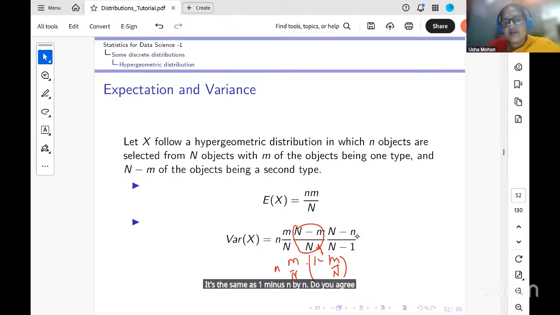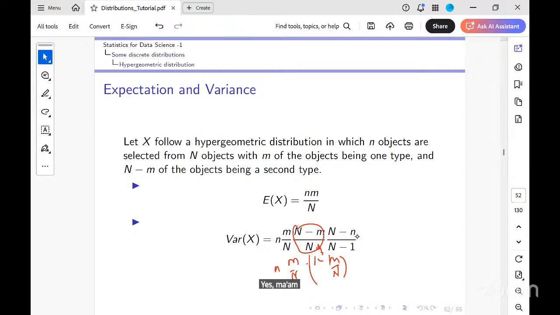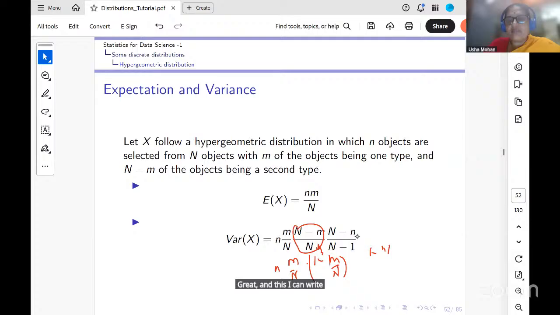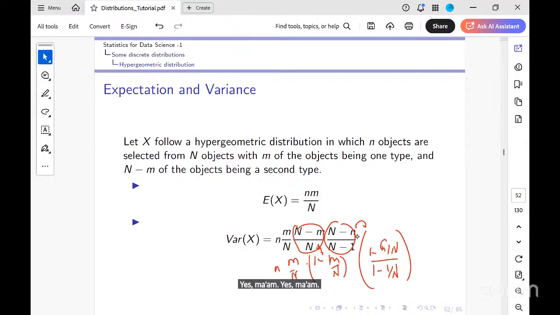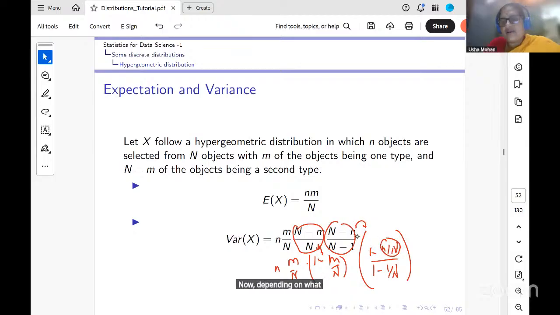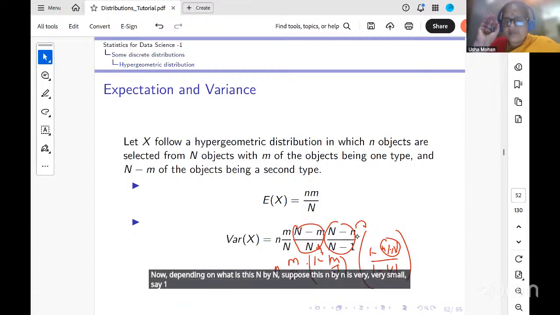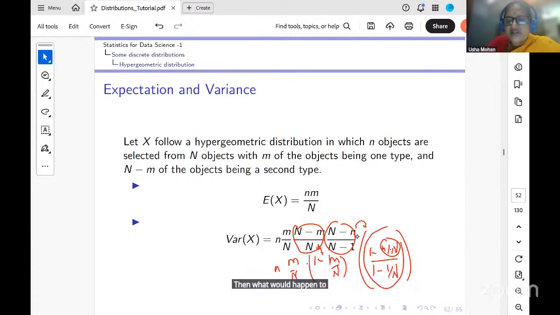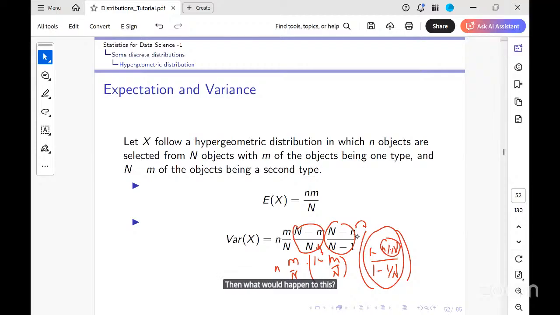And this I can write as 1 by N divided by 1 by N, this portion. Now, depending on what this n by N is, suppose it is very, very small, say 1%, 0.01, then what would happen to this? It would tend to 1.